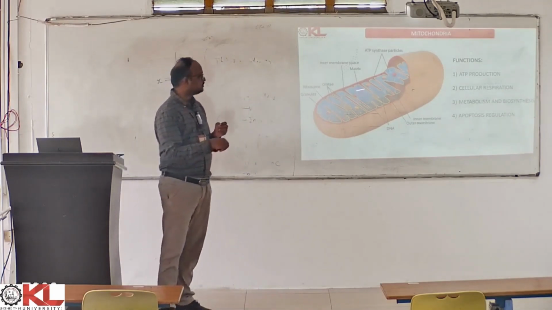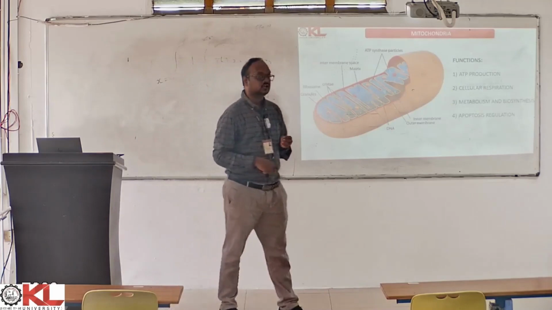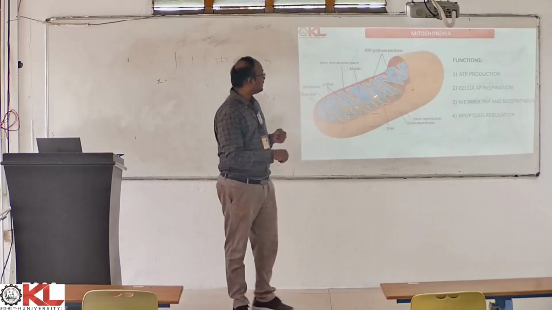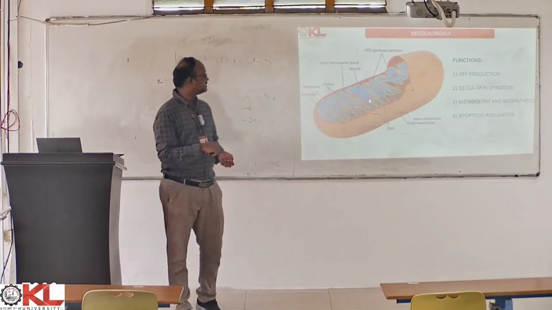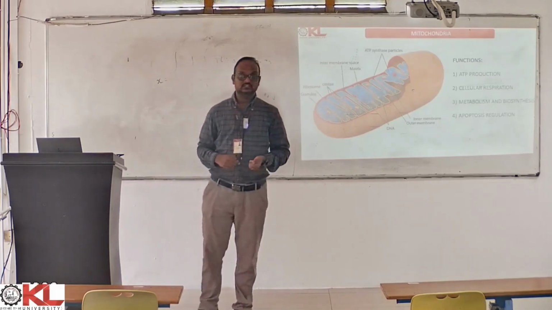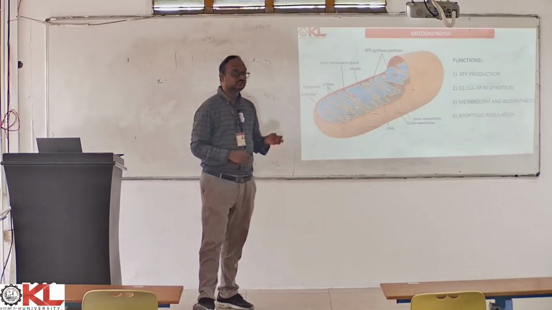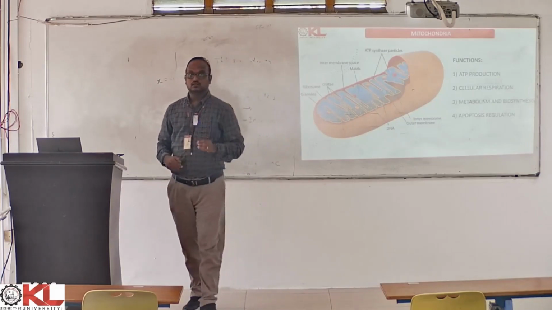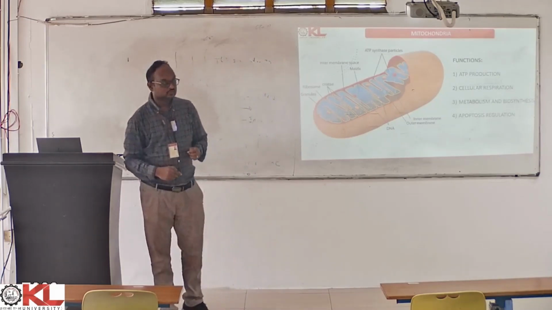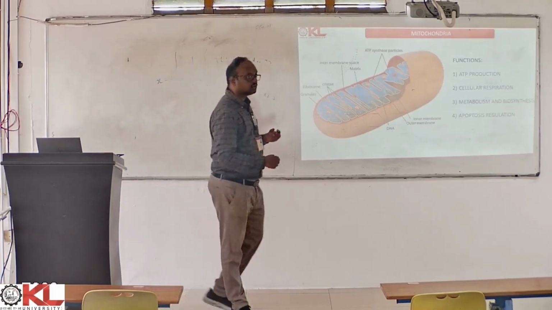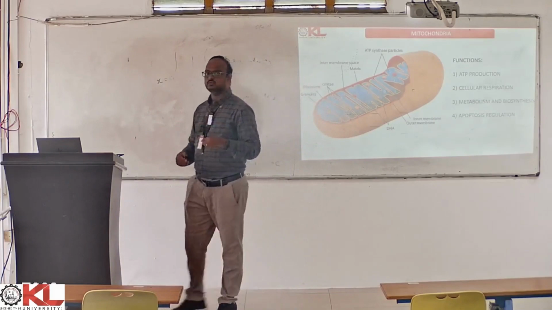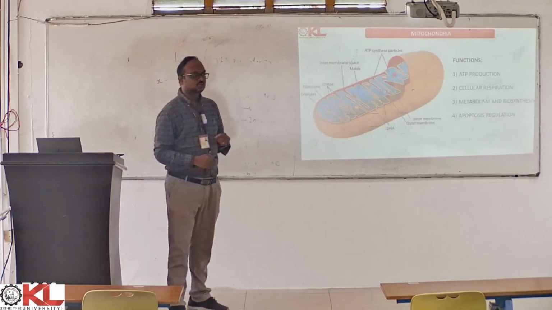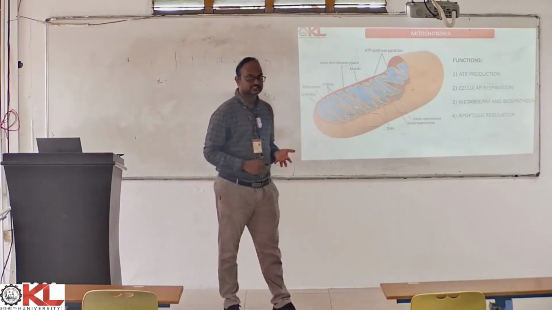Since so many metabolic pathways are happening, and the final electron acceptor in the electron transport chain is an oxygen molecule, once oxygen gets the final electrons, the oxygen molecules will be converted into many active forms like reactive oxygen species.